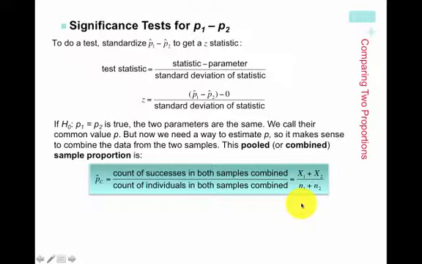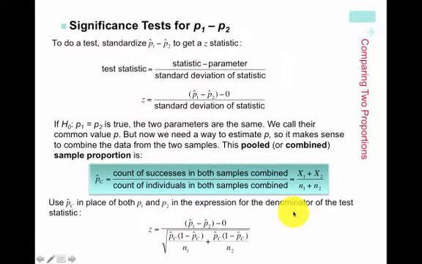And guess what we use that for? We use that to find our standard error. We don't know p for everything together, so we use this pooled p-hat to get our standard error in this problem.